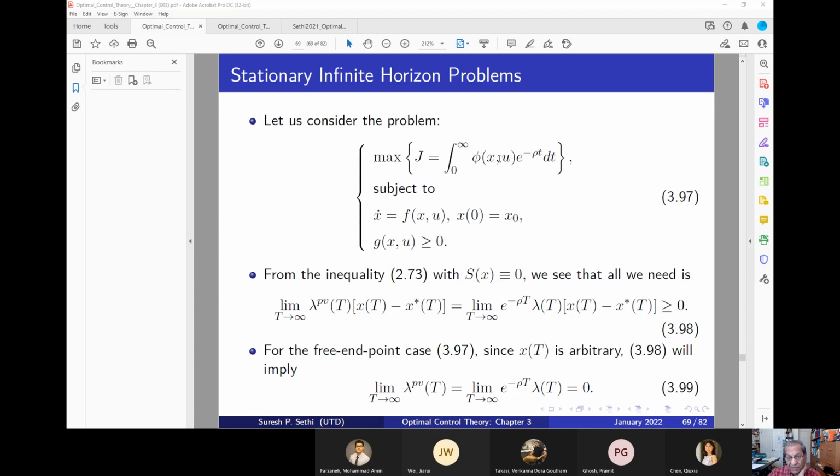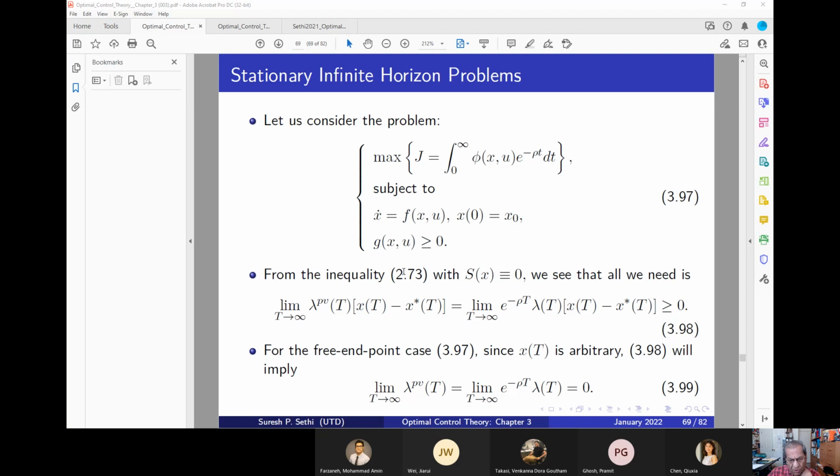The Hamiltonian will be independent of time because this is independent of time, and lambda will again be explicitly independent of time because it will be minus the partial of H with respect to x. The constraint also doesn't have a t in it, so this is our stationary problem. We also don't have an S, which is the salvage value.